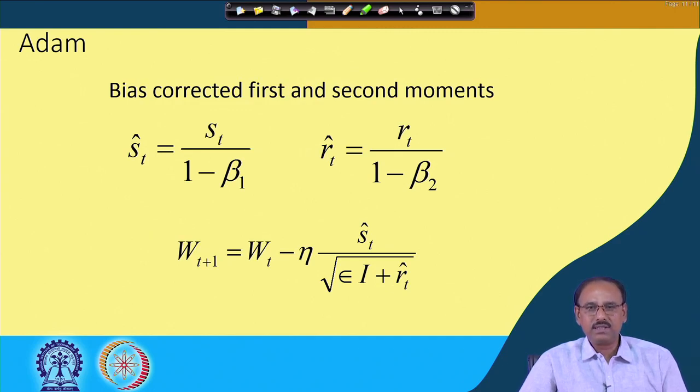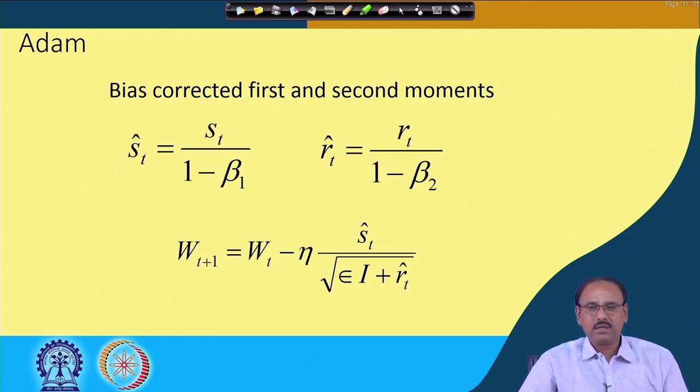So once given this, your weight updation or parameter updation rule simply becomes Wt plus 1 is equal to Wt minus eta times St hat, where St hat is the bias corrected first moment, upon square root of epsilon I plus Rt hat, where Rt hat is the bias corrected second moment.